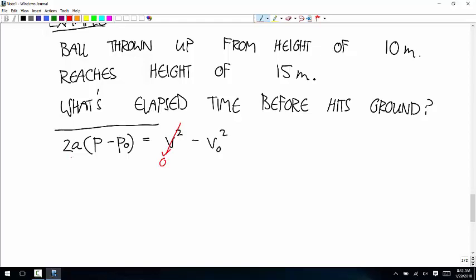A is equal to negative g. You're welcome to just put in negative 9.8 or negative 9.81. But if you want to use g, remember that the constant g is positive, so you have to apply your own negative to that.